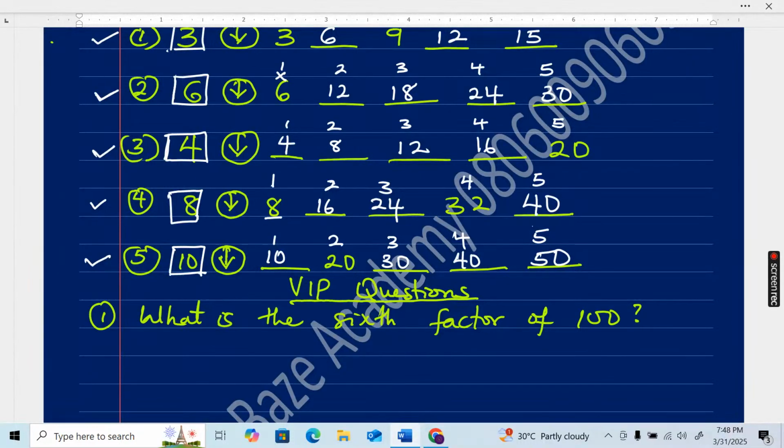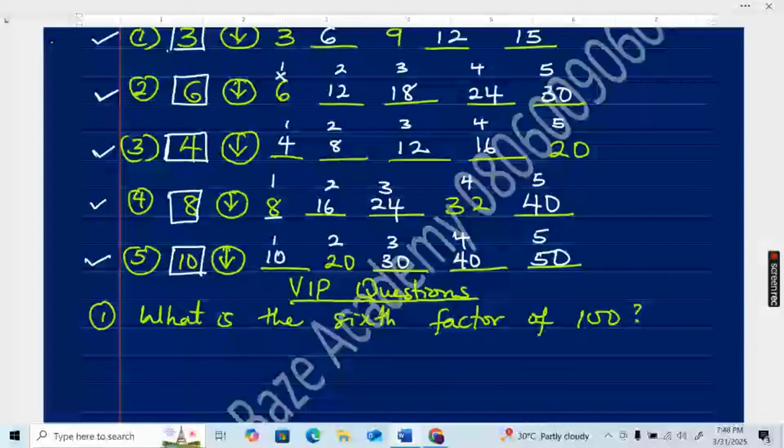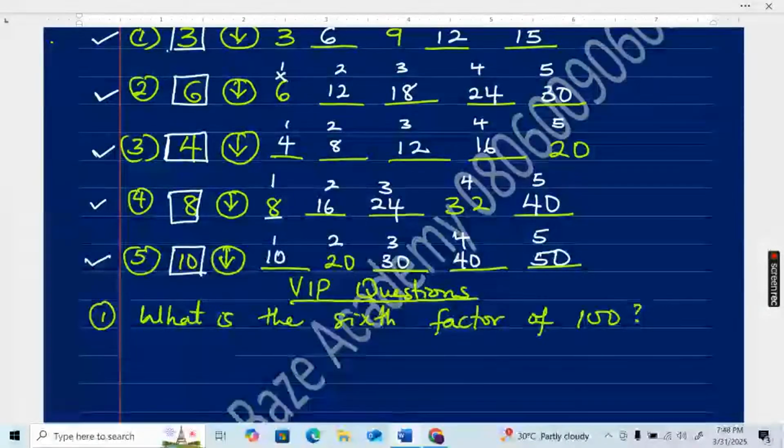What is the sixth factor of 100? Your name must be beside your answer. If not, you are disqualified. If you haven't posted your name beside your answer, go ahead and post it now. Sixth factor of 100.